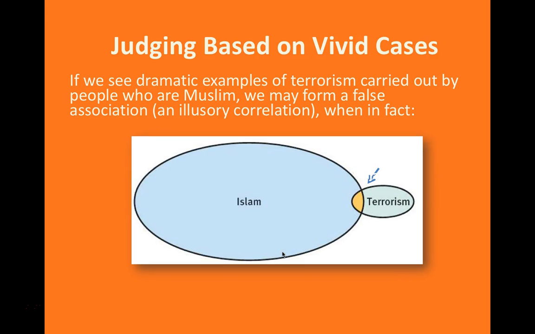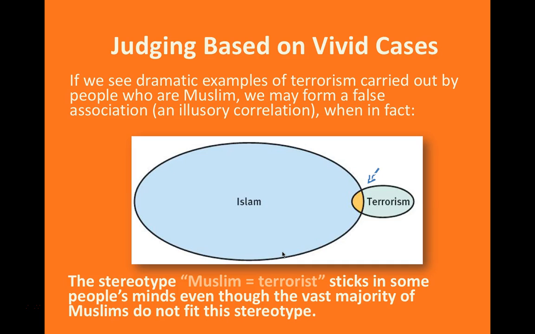So judging, just to take one more example. If we see, and this is tied in with the illusory correlation, right? We see dramatic examples of terrorism, for example, carried out by people who are Muslim. We may form a false association, an illusory correlation. Here's a nice Venn diagram. Here's Islam, here's the population and the domain of terrorism, and here's the overlap.